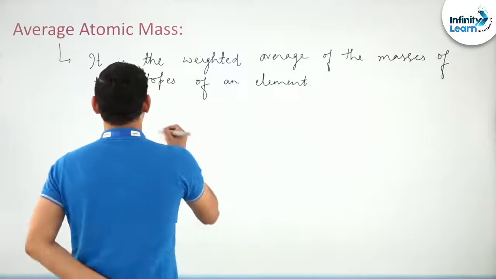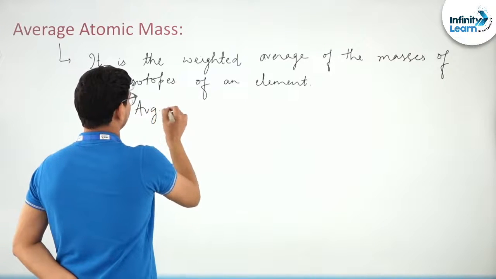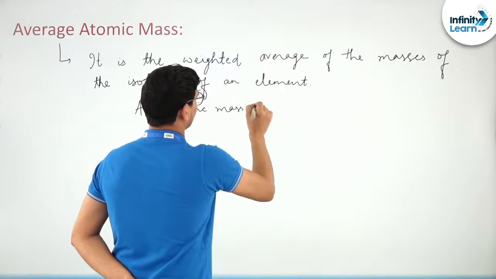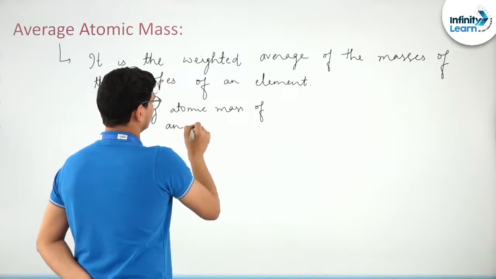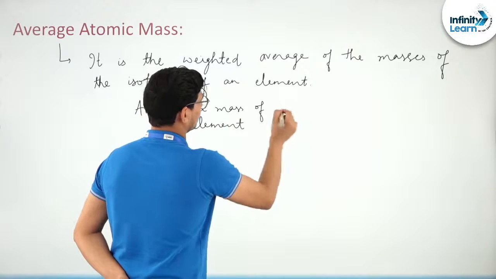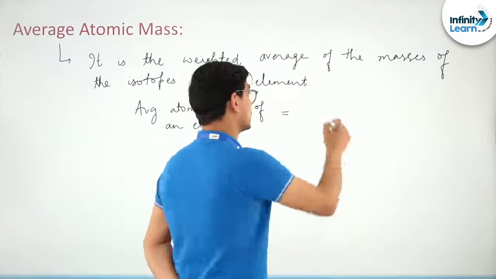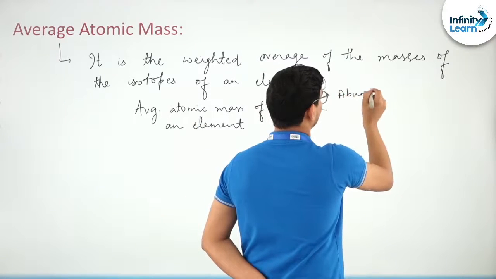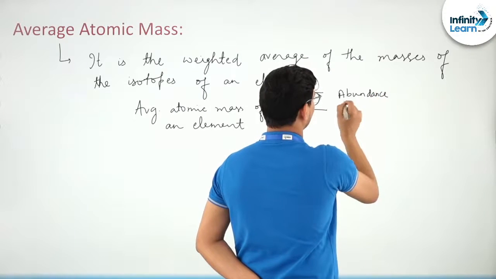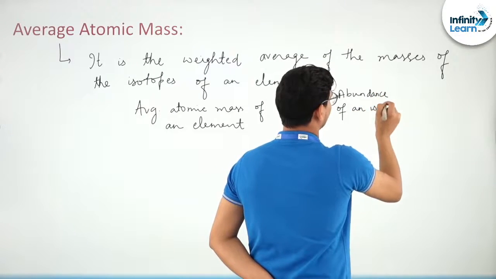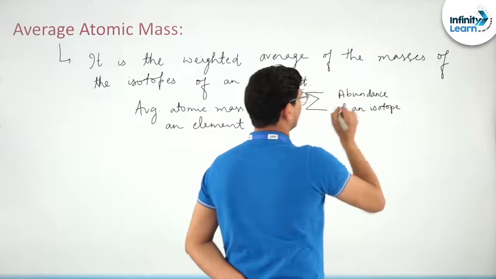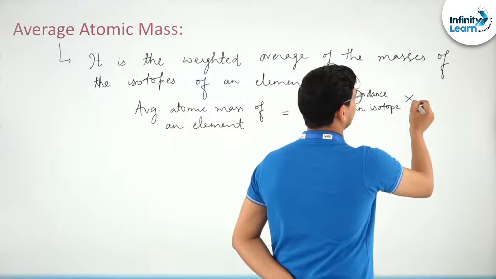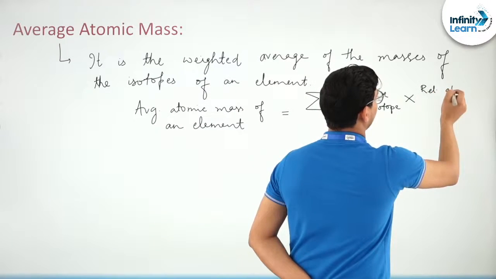So the average atomic mass of an element is the summation over two terms. The first term is the abundance of an isotope and the second term is the relative atomic mass.